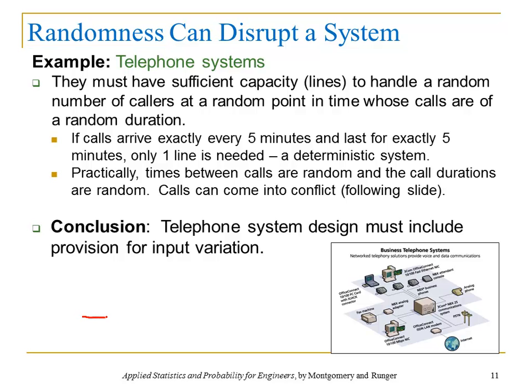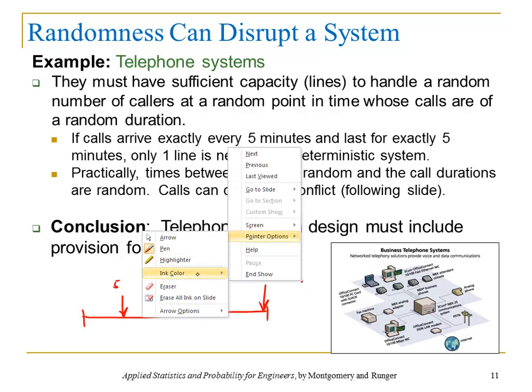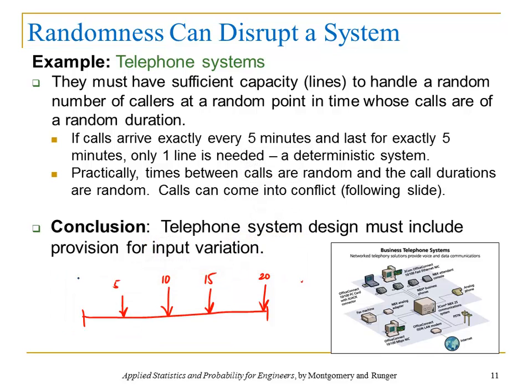So let's look at this timeline. The scenario that we're talking about is that you're going to receive a call every 5 minutes. So this is 5, this is 10, this is 15, this is 20. And you know that the duration of each call is 5 minutes.